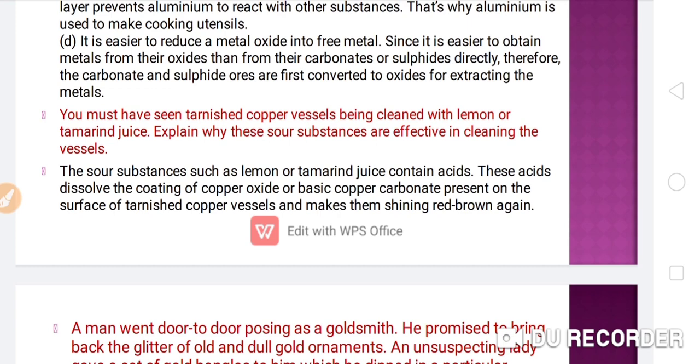These acids dissolve the coating of copper oxide or basic copper carbonate present on the surface of the tarnished copper vessels and make them shining red-brown again. So this is the reason.